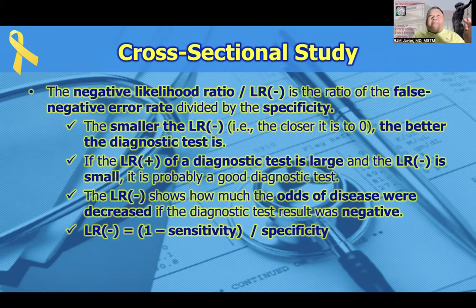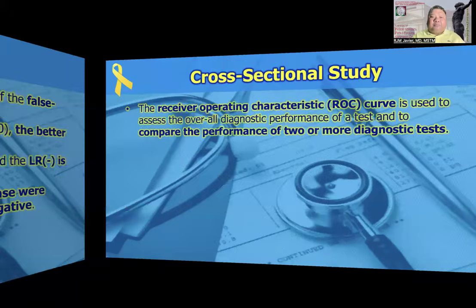When you go to evidence-based medicine in third year, I want you to remember that there is a concept of your likelihood ratio when you do critical appraisal using the user's guide for diagnostic tests. So this is very pertinent for third year med school, but even for clinical clerkship and residency. That is why I want to make sure that I introduce the concept of your LR positive and your LR negative in a cross-sectional study design.